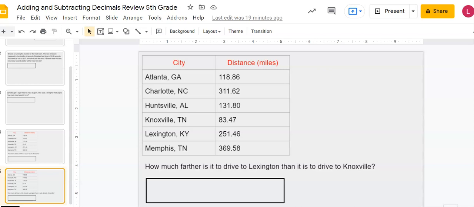So think about how much further it is to drive to Lexington than to Knoxville. I might not use all the data that's in a chart when I'm solving problems. So you'll really need to think about what you do need to use. So go ahead and pause the video and check back, and we'll solve these together.